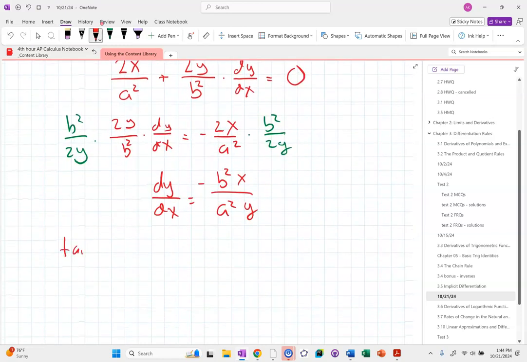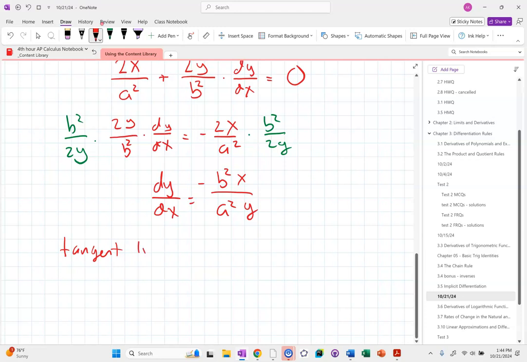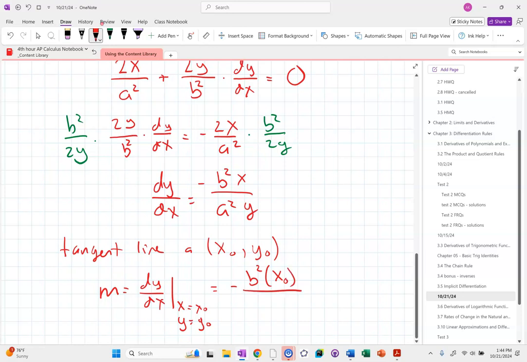So now I need to write the equation for a tangent line at x naught, y naught. So I know the slope for that tangent line is just the slope at that point. So I'm just going to plug in x naught and y naught.